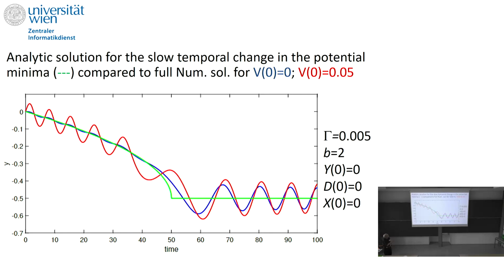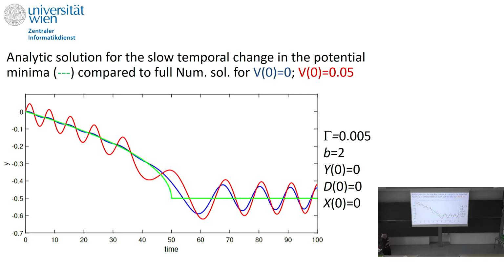Then, of course, the oscillation is very tiny. They are just due to the fact that the minimum is shifting behind it. So it starts doing those inertial oscillations, but they are of very small amplitude. If you increase the amplitude by giving it an initial velocity, then of course you get initial oscillations of much higher amplitude.